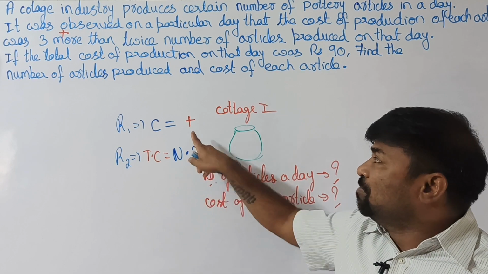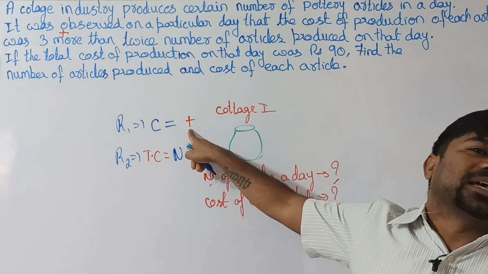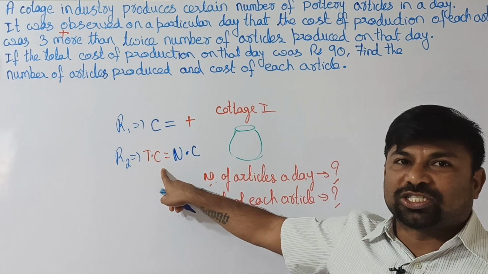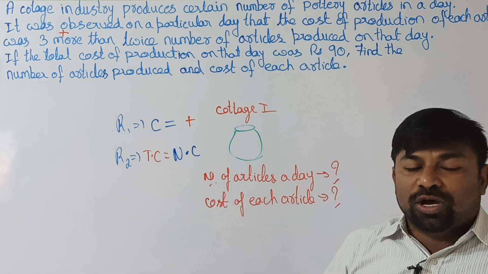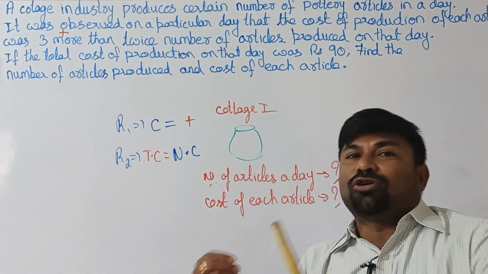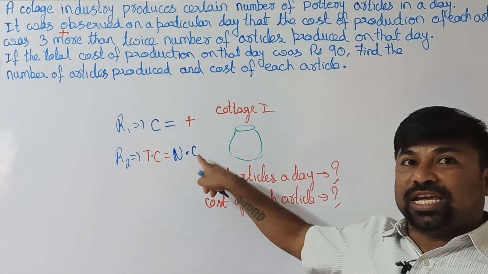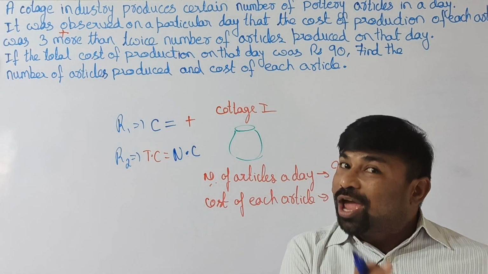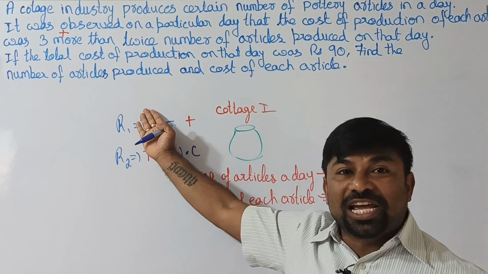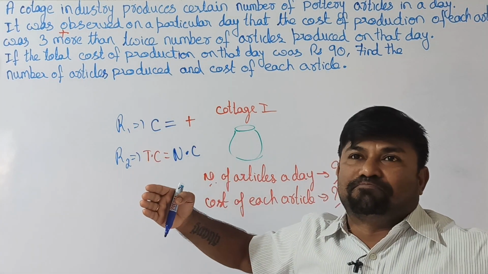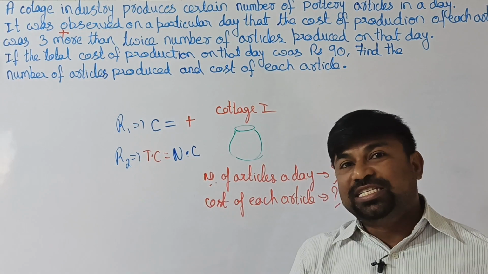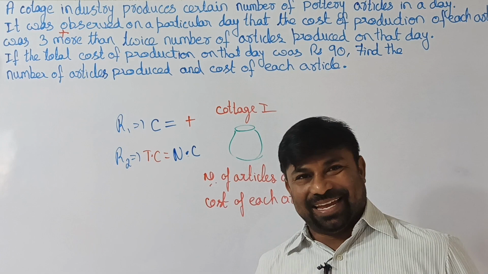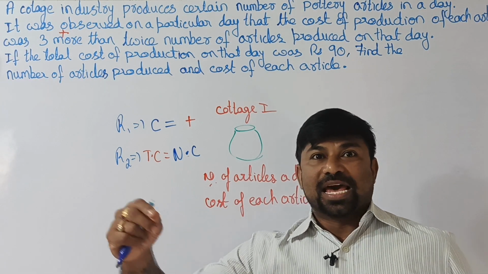More means the basic operation is plus. The second relation, total cost of production, is the number of articles into the cost of production. So the basic operation there is product. One relation is dealing in terms of plus and the other in terms of product. They are not of the same category.